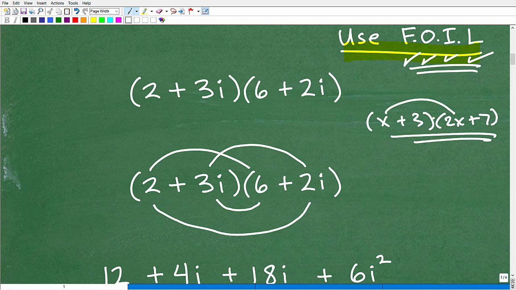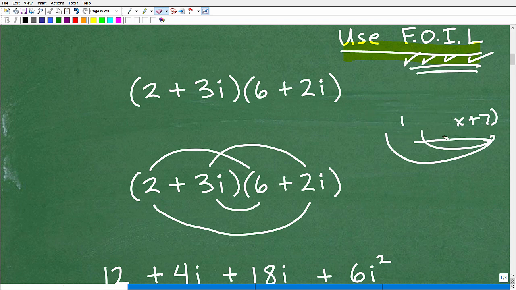There are different approaches, but you can follow the FOIL method, or however you learned to multiply two binomials, and it's going to come out the same way.